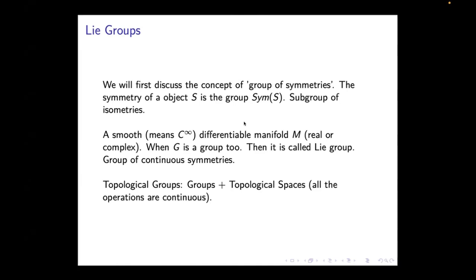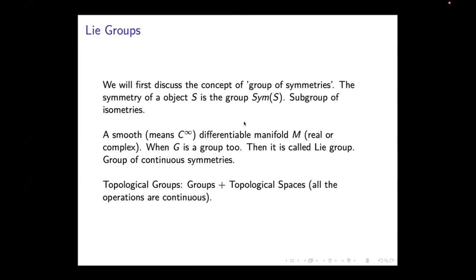So now we will take a smooth differentiable manifold, M, mostly real, but even if you change the real manifolds to complex, it doesn't change much. It's still the same. So what is meant by smooth and what is meant by differentiable? You know what is differentiable. A manifold M will be called differentiable if you can differentiate it.